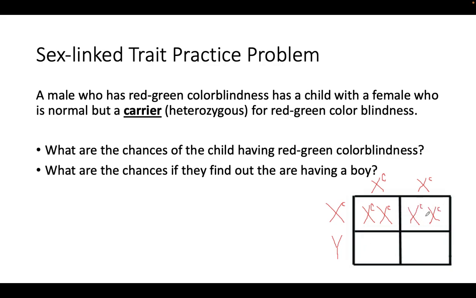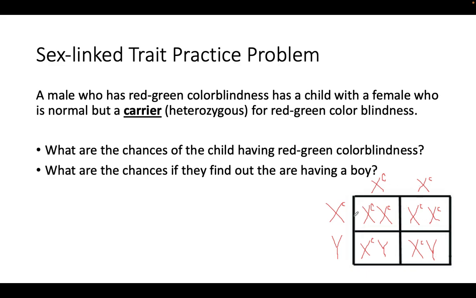So this one's going to be colorblind. We will have the big C from the mom, and the Y from the dad for the first boy, so this one will not be colorblind. Then for this one, we'll have the little c from the mom, the Y from the dad. Since this one only has one X chromosome, this one's going to end up being colorblind.